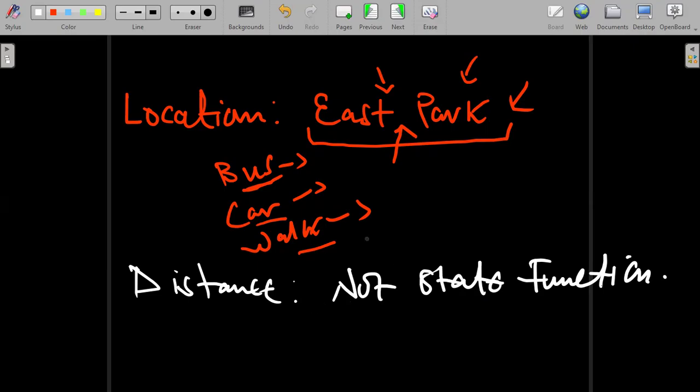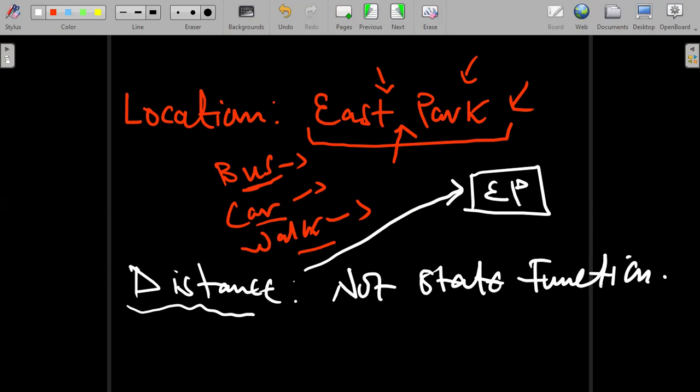Let's say, for example, this is the East Park where we are going. The distance from where you are to this East Park would depend on the path that you are going to take. You can take maybe a shortcut, and that shortcut may be, let's say, 1 kilometer.